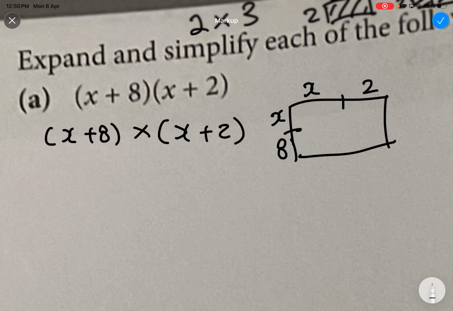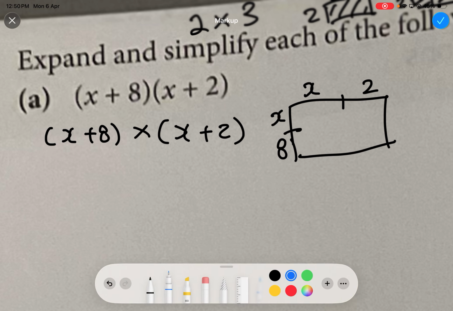Okay? So when we are multiplying like that, I am finding the entire area. This entire area can actually be made up by my x over here multiply this x, that will give me this area. My 8 over here multiply x, that will give me this area.